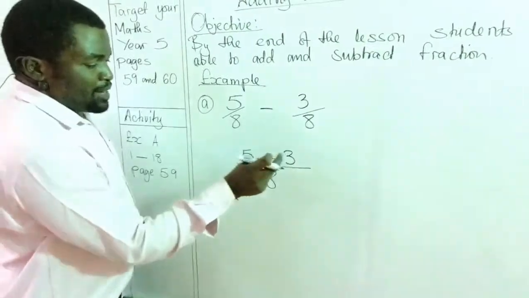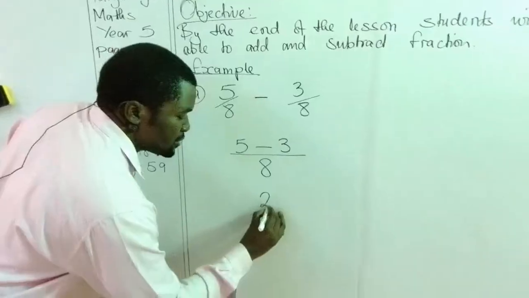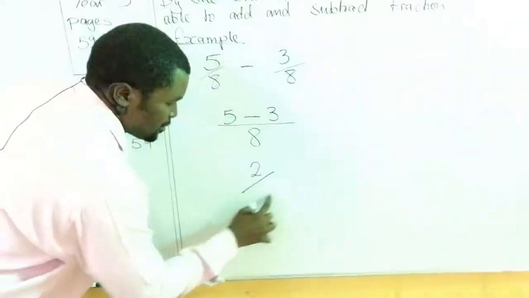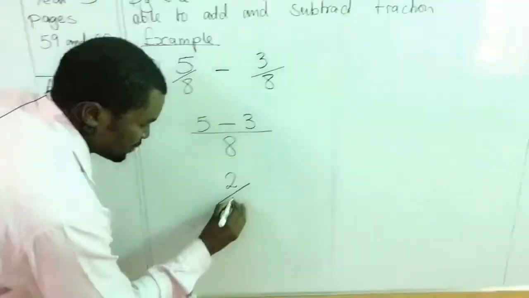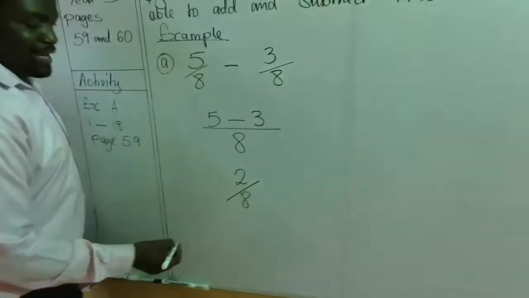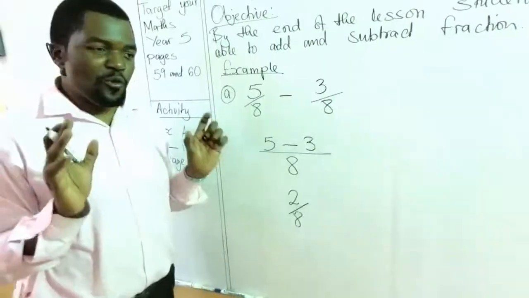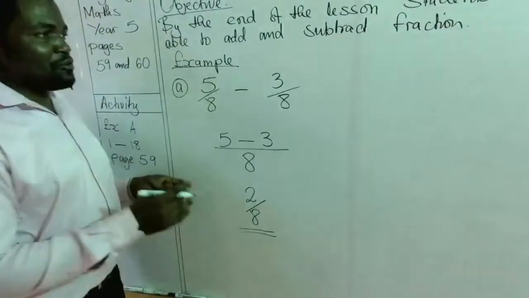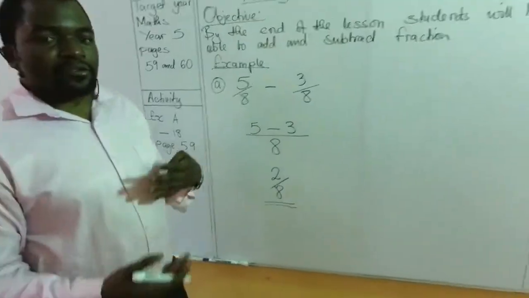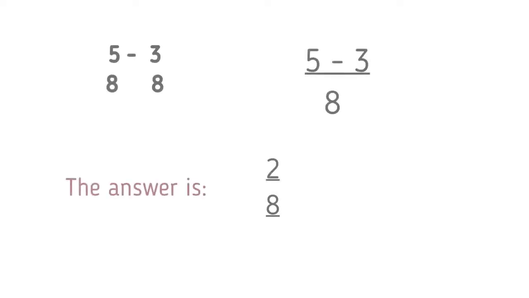So 5 minus 3, you have here 2. Then over 8. You take the 8 down. If you're subtracting, you just subtract, but the same way. So this is the way you can subtract and also add if the fractions have the same denominator.